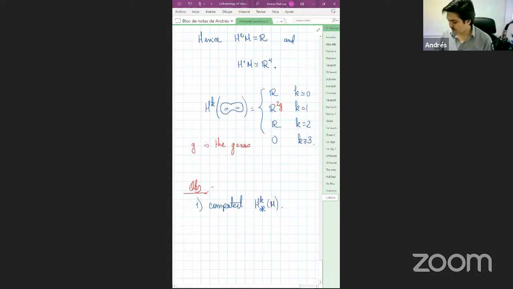Something also important to understand is an internal structure. That means the ring structure. Remember that differential forms can multiply by the wedge product, and the wedge product passes on to cohomology. This is something that we didn't cover, but it is also very interesting. So the ring structure here.